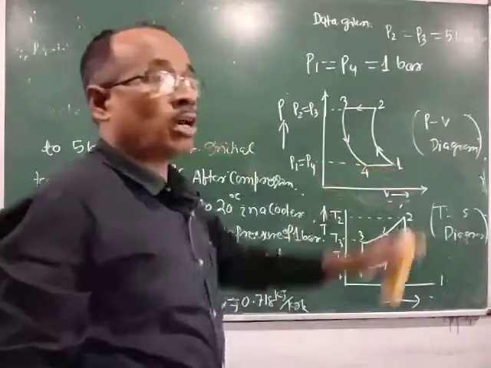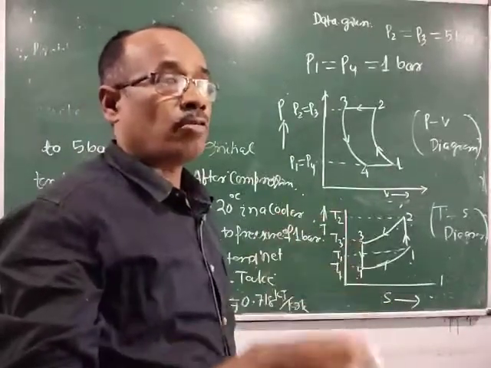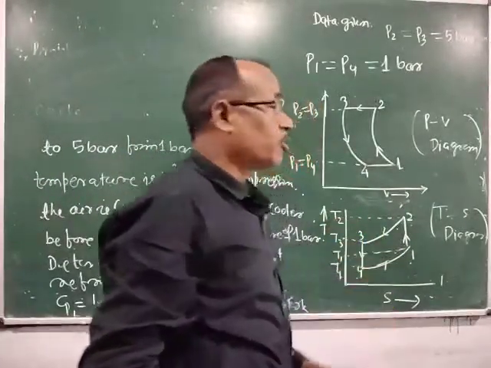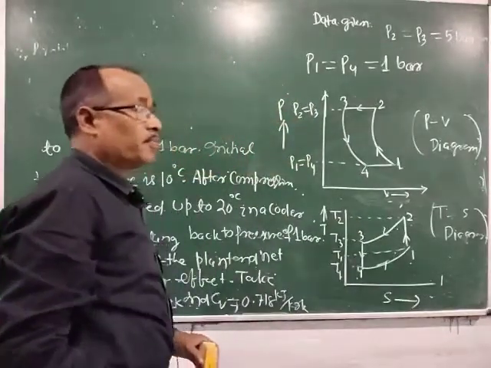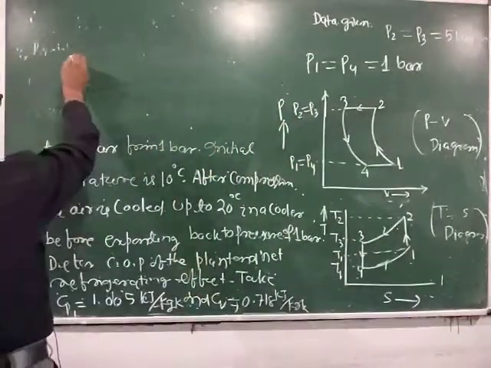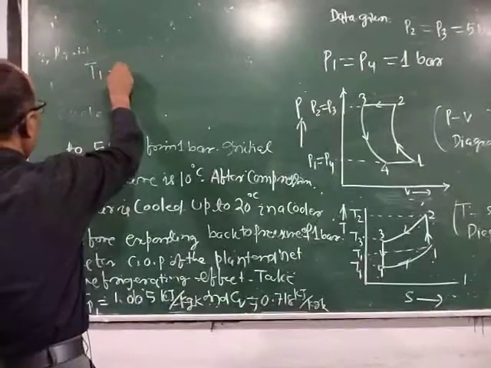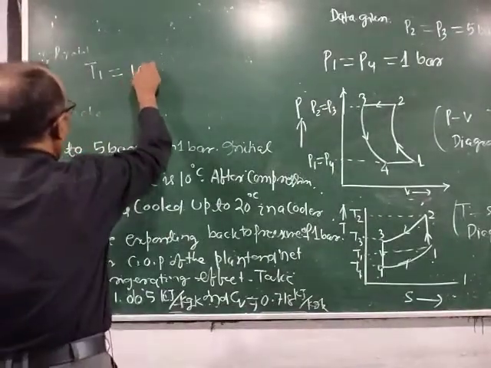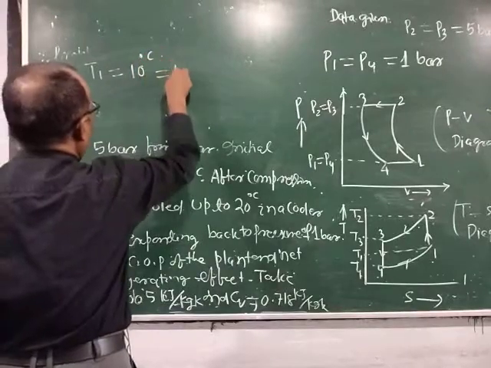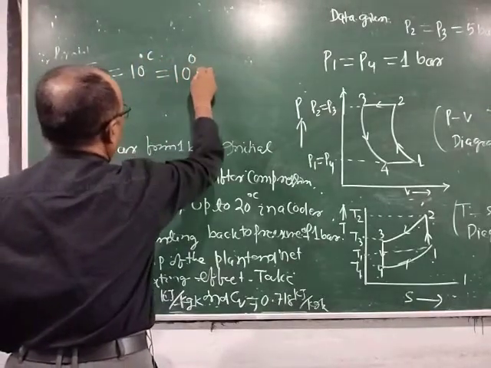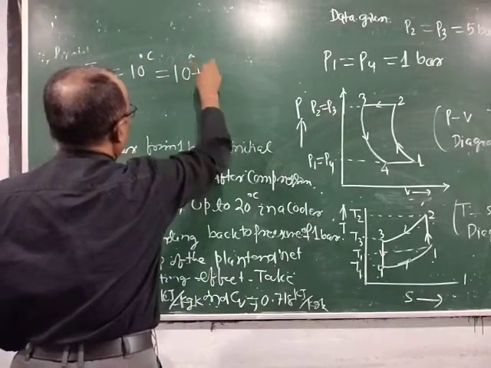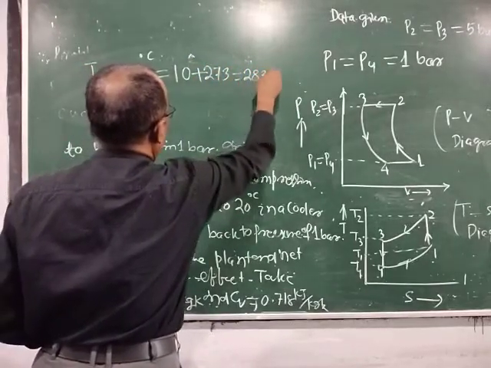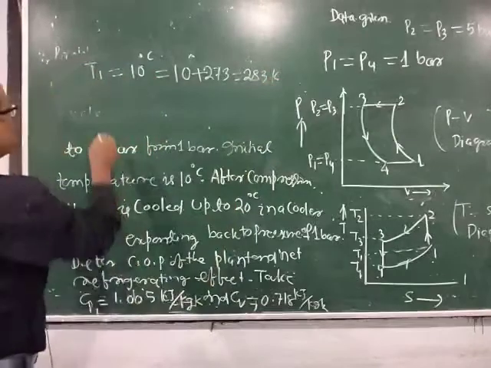It has been shown on the pressure volume diagram and this is the temperature entropy diagram. Here T1 is equal to 10 degree centigrade, that is 10 plus 273 is equal to 283 degree Kelvin.